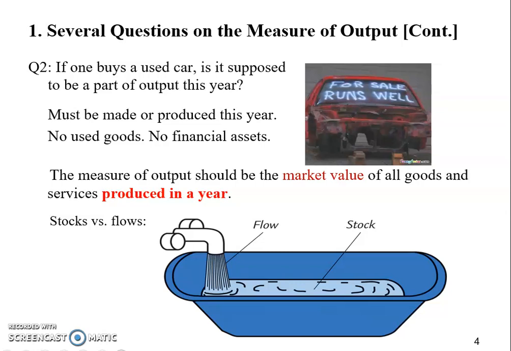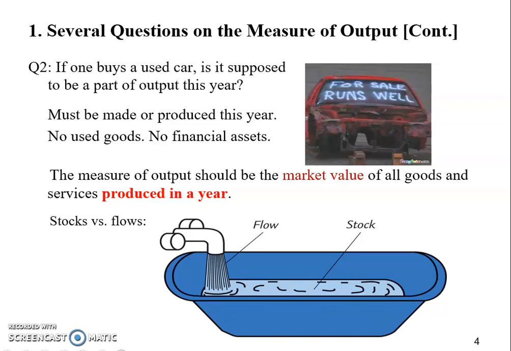If I ask you how many gallons of water are in the bathtub, that is a stock variable. It measures the cumulative amount over probably a long period of time.